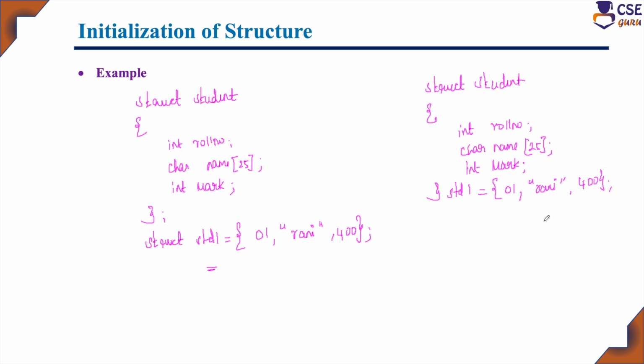It should end with a semicolon. So the structure declaration ends here, and the structure variable declaration and initialization you can give here. Otherwise, you can combine both the structure declaration and the structure variable along with its value initialization. This is another method. So in both ways you can initialize the structure. That is possible. So this is all about structure declaration and initialization.